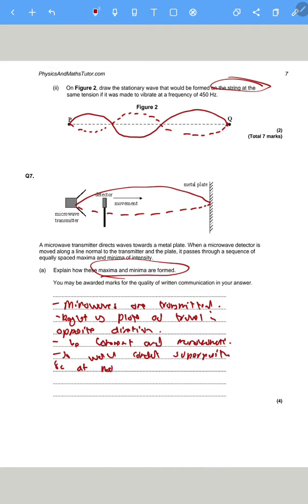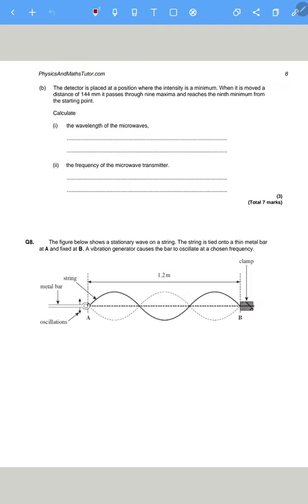At nodes it would be destructive, and at antinodes it would be constructive. No energy transfer.